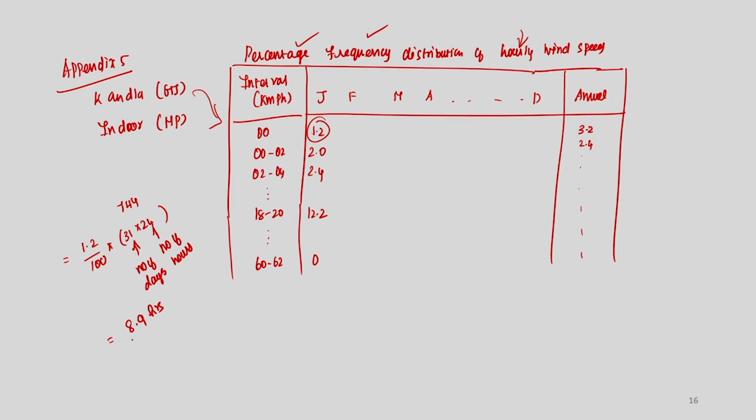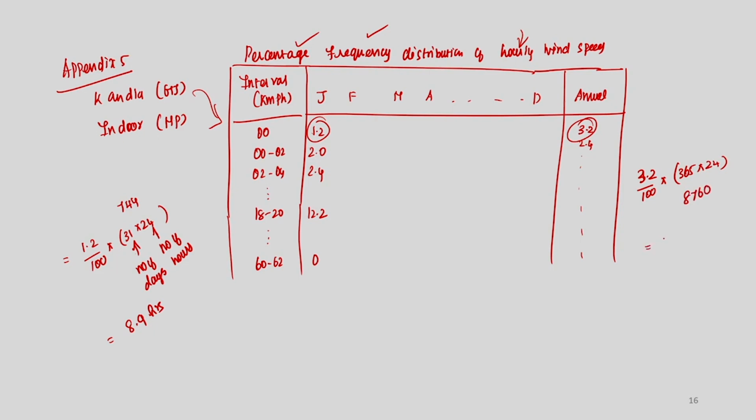If you want to calculate for the annual one, then you are supposed to do 3.2 upon 100 into 365 days, hope it is a non-leap year. So, 365 days into 24 hours, this would be coming around 8760.